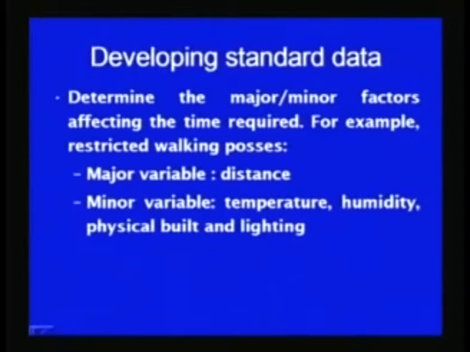These minor factors can affect the time required for covering the distance, but not to a great extent. Here the time is mainly affected by the distance to be covered.